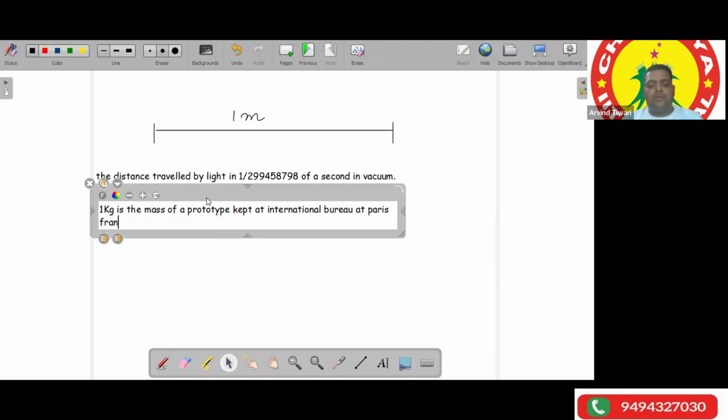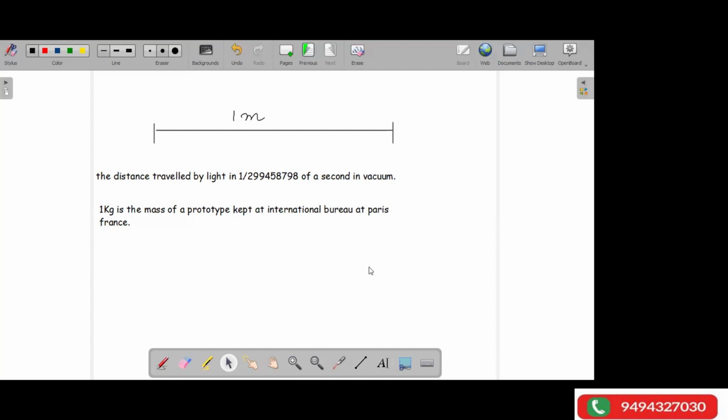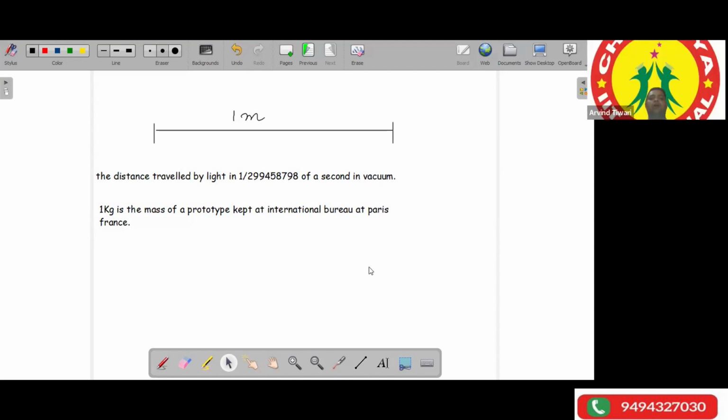It is made up of platinum and iridium. Since it is platinum and iridium, the mass decay is considered to be very less. It's non-reactive. Therefore it is made up of an alloy of platinum and iridium. It is kept at a constant temperature and pressure.